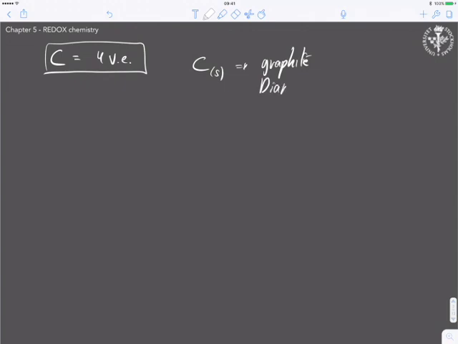Let's do another example. Carbon. Carbon has 4 valence electrons. Group 4, we know that. What is the oxidation state in pure carbon? Solid carbon. Could be graphite or diamond, for example.